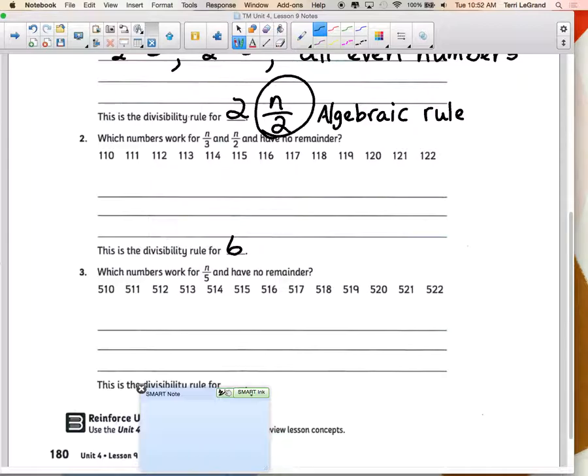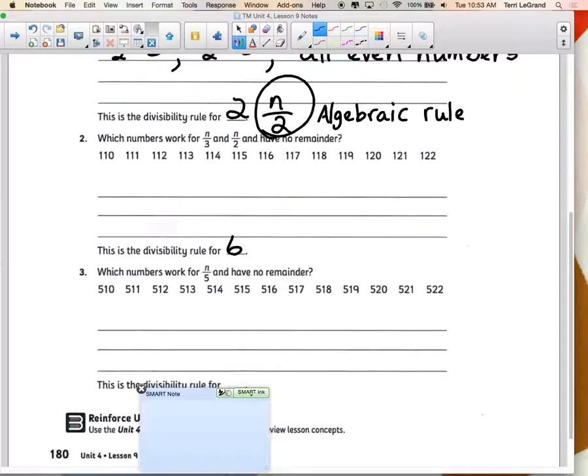Okay, so Sammy says it's not divisible by 3 either, and Danny says, no, I think 115 is divisible by 3. So what do we do for the divisibility rule for 3? Do we just look at the last 2 digits? Yes. No. What do we do? The sum of the digits, we add them all up. 1 plus 1 is? 2 plus 5 more is? 7. Is 7 divisible by 3? No, I guess Sammy's right. 115 isn't divisible by 3 either, is it?